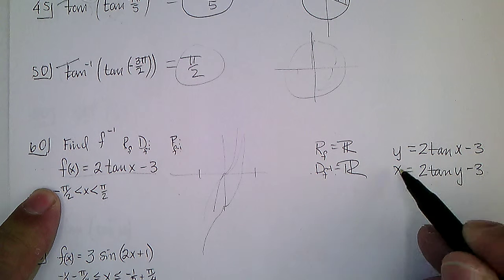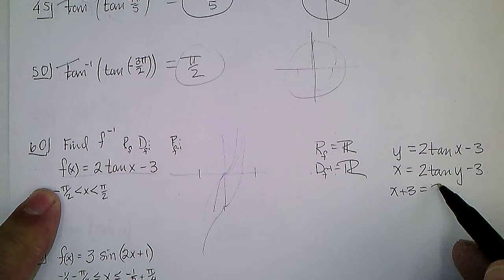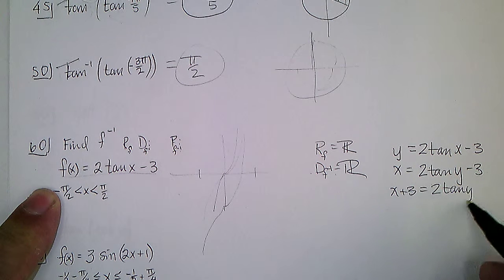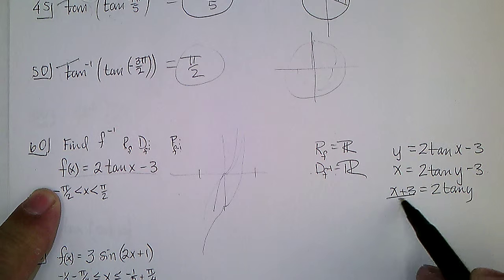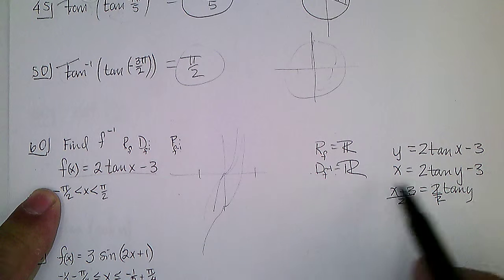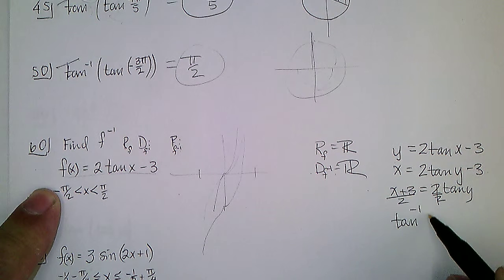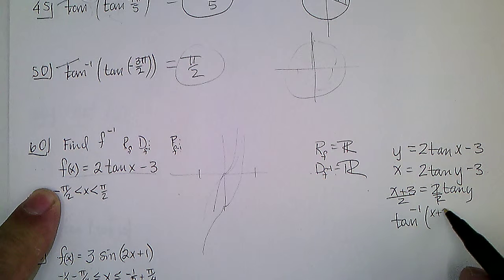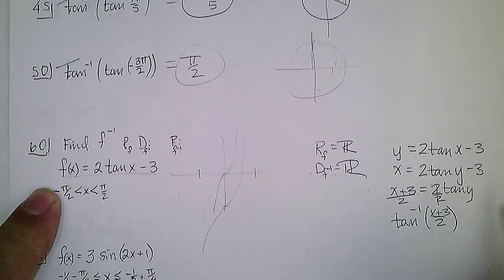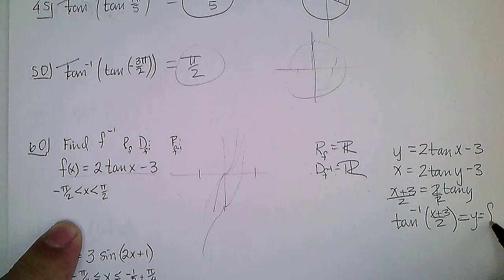Solve for y. Add 3 to both sides. Divide by 2 on both sides. And then take the tangent inverse of both sides. And that will be y, which is going to be f inverse of x.